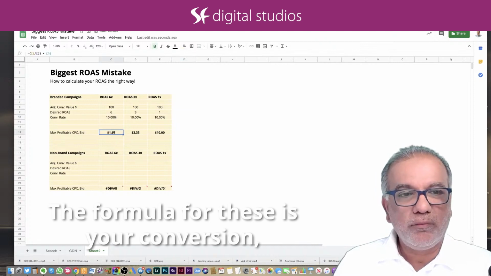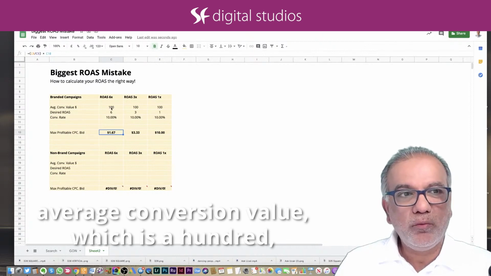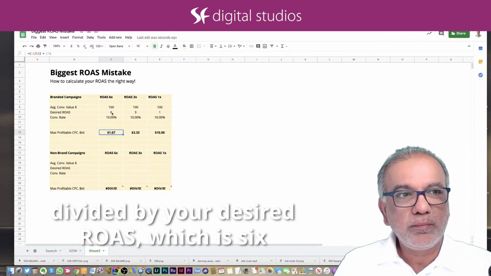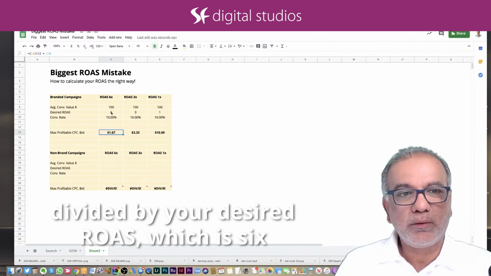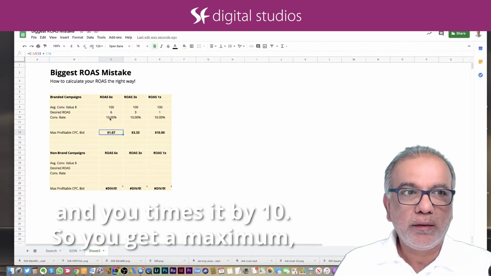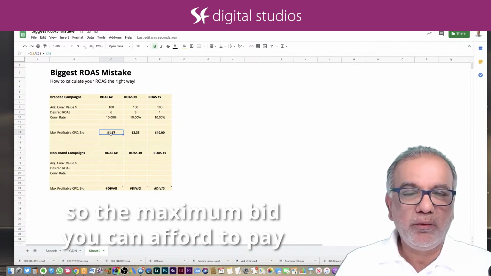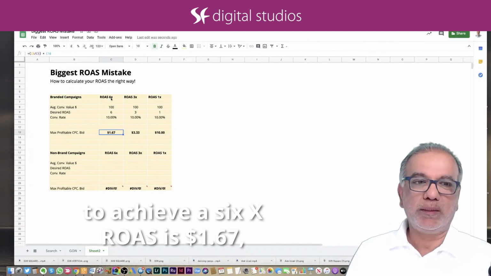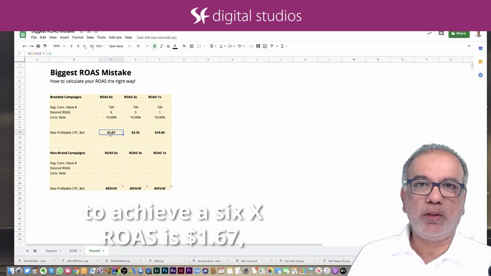The formula for these is your average conversion value, which is 100, divided by your desired ROAS, which is 6, and you times it by 10. So the maximum bid you can afford to pay to achieve a 6x ROAS is $1.67.